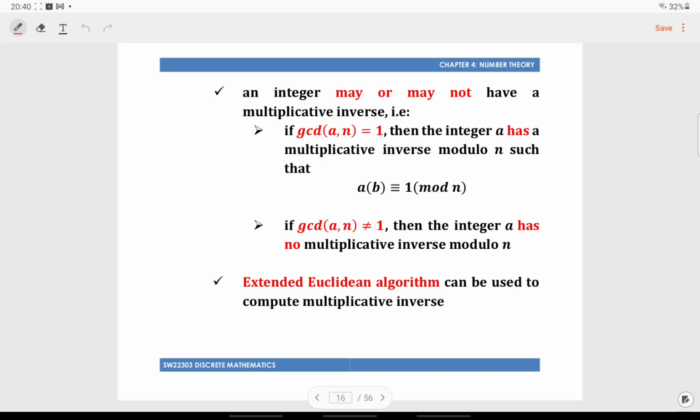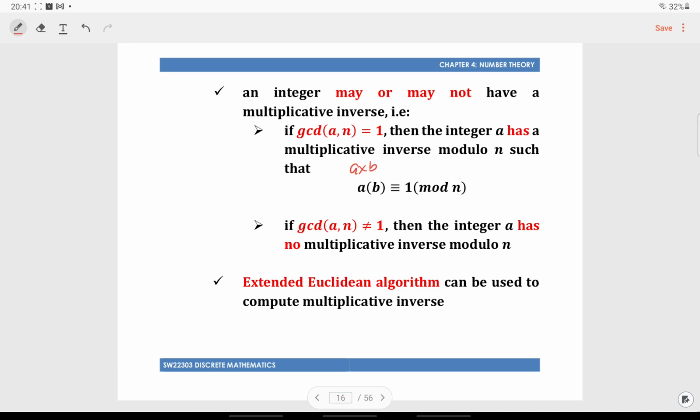If the GCD of A and N, which is the modulus value, equals 1, then the integer A has a multiplicative inverse modulo N. That means the integer B exists such that A times B is congruent to 1 modulo N. So A has a multiplicative inverse modulo N if and only if the greatest common divisor of A and N equals 1.